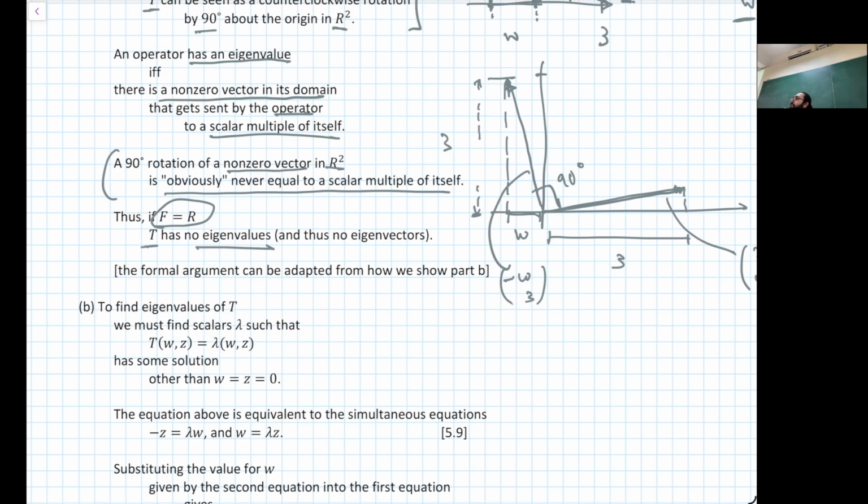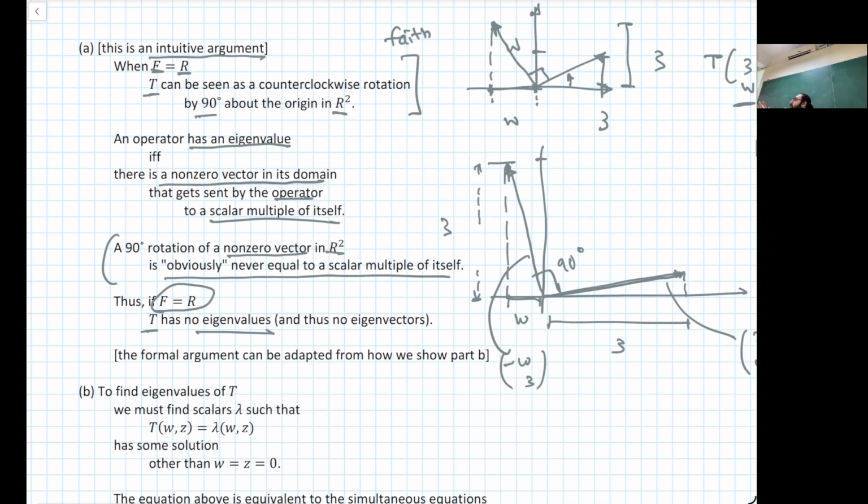It's a very geometric, very simple proof. Not a proof, I mean, it's an argument. Does that make sense? If you assume that statement, I understand it's not clear that it's a rotation, but assume that it is. If you consider any operator T that's a rotation in two dimensions, then you cannot have an eigenvalue.